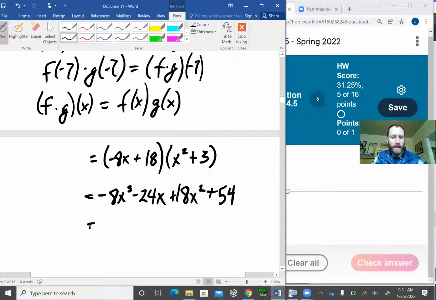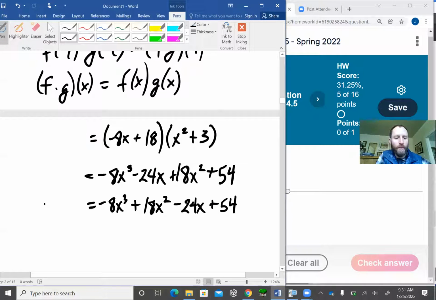Okay, and now let's just reorder it. You don't really have to do this, but my mind likes to see it like this. Minus 24x, right? This is in order of descending powers of x, which is kind of the standard way to write it. Okay, so that's our new formula for f times g of x.